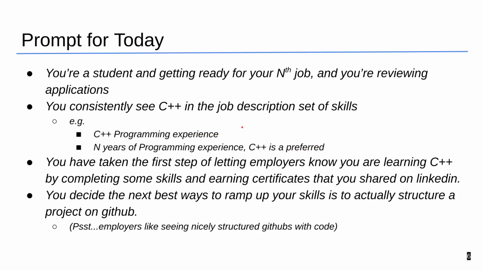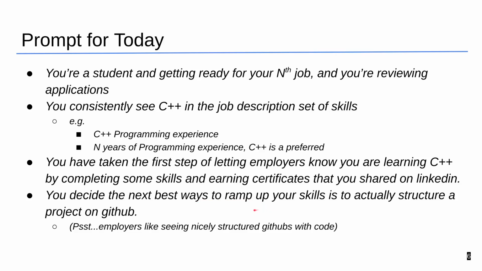So, after seeing enough of these listings, you decide you want to take the first step of letting employers know that you're learning C++ by completing some skills and earning certificates that you share on LinkedIn. Again, that's from your first lab. I want you knocking those out so you can show them off to the world. Then you decide the next best way to ramp up your skills is to structure a project on GitHub.